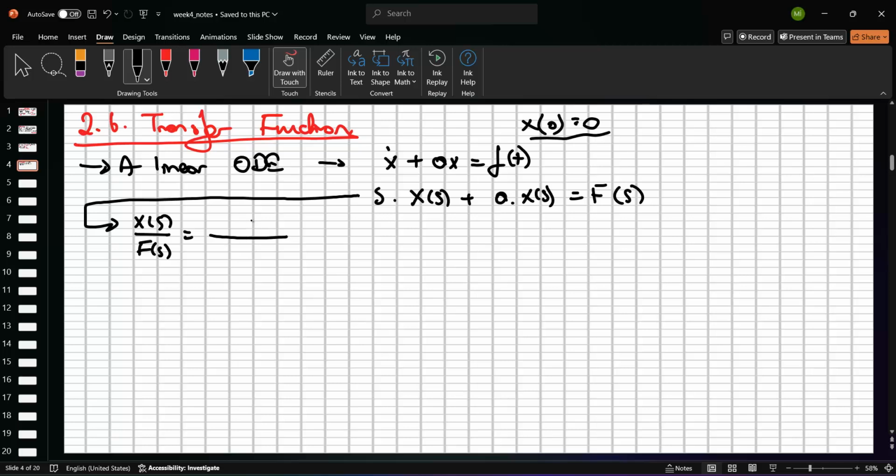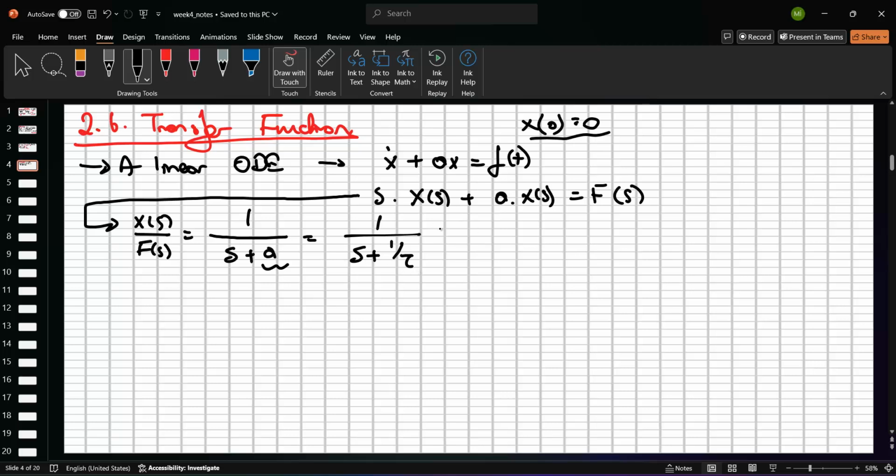1 over s plus a, right? Or 1 divided by a. Okay. And so this is also equal to 1 divided by s plus 1 over tau, right? And so this is the frequency constant, or the time constant.